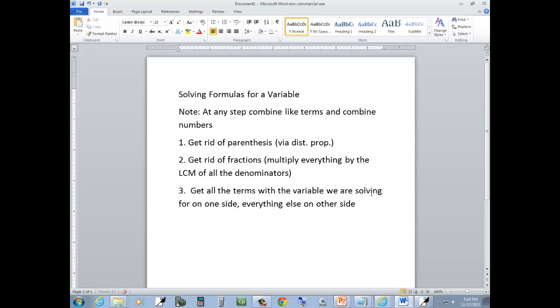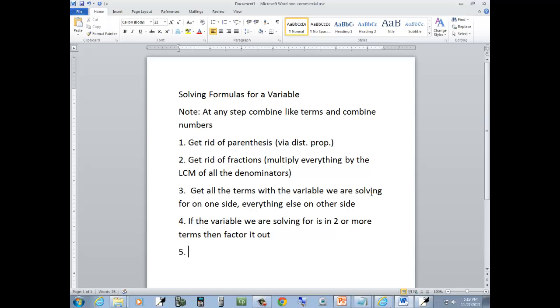Step 4, if the variable we are solving for is in 2 or more terms, then factor it out.